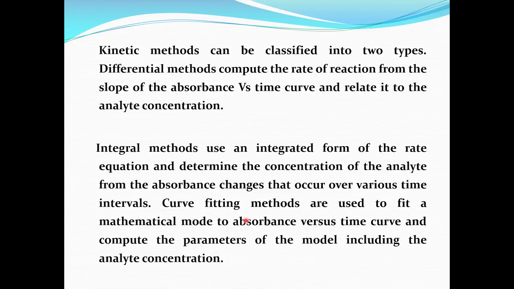Of course, we need to use curve fitting methods to fit a mathematical model for first order reaction, second order reaction, third order reaction or fractional order reaction. All these things are quite possible, but what is important is you are measuring the absorbance versus time curve, and other parameters can be computed from the model, including the analyte concentration. That is what is important in chemical kinetic methods.